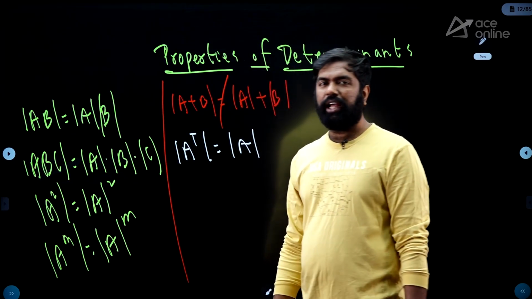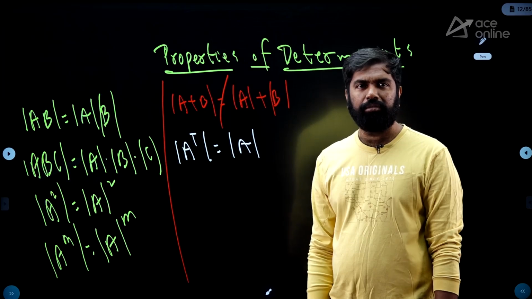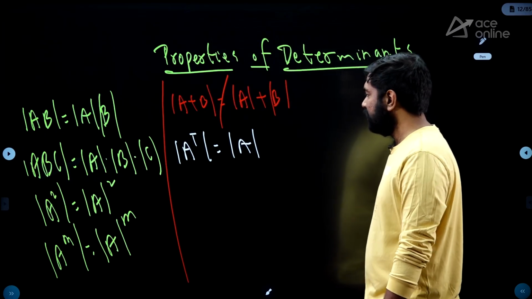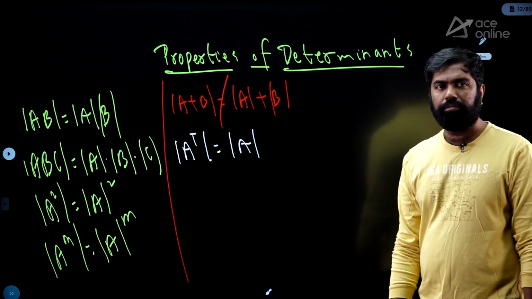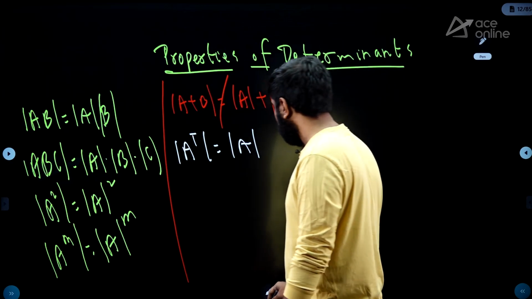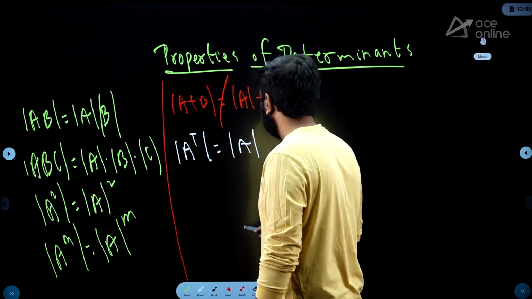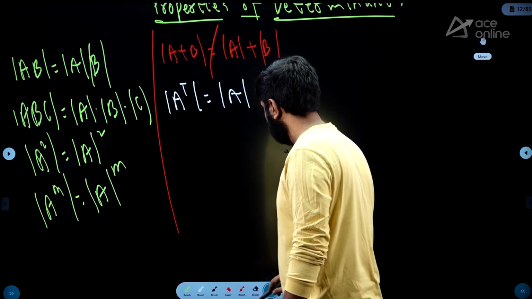What else? The determinant of A transpose is always equal to determinant of A. If you are given a triangular matrix, upper triangular or a lower triangular or a diagonal matrix, the determinant is the product of the principal diagonal elements. So let me write those things.